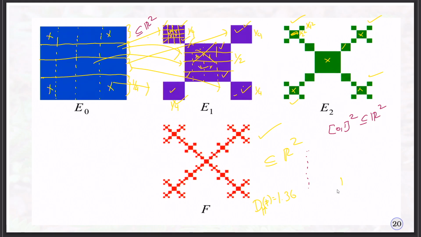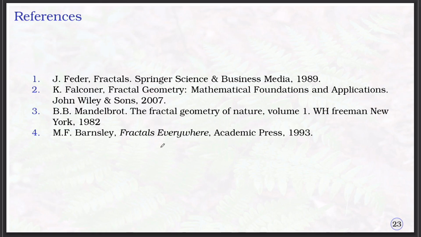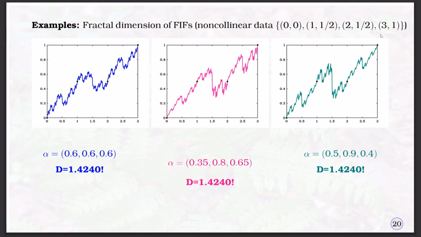Here this set has the box counting dimension 1.36, because we are using 2 different ratios. Compared with the previous Cantor set, this set is more dense in R power 2. Now, I just compare this result.